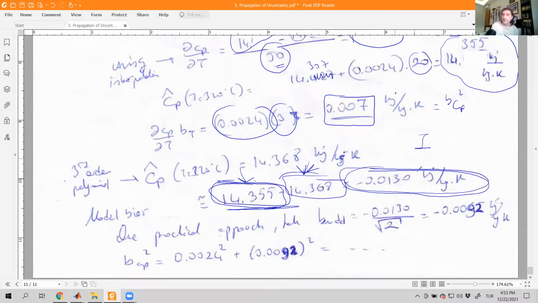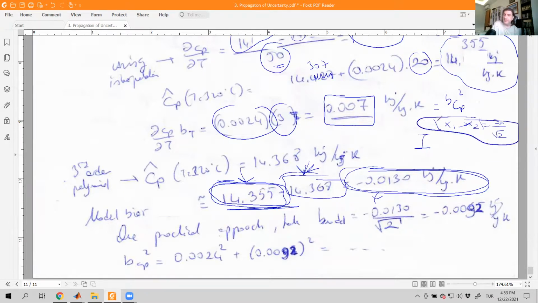In order to convert this range to standard deviation, I divide by the square root of 2. So you may ask, where does the square root of 2 come from? It's a very simple derivation, which I'm not going to do right now. But if we have two observations from any distribution, the range between the two observations, which is equal to the absolute value of x1 minus x2, is equal to the sample standard deviation obtained from these two observations times the square root of 2.